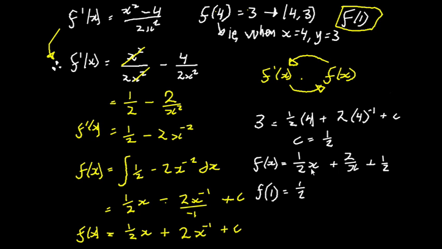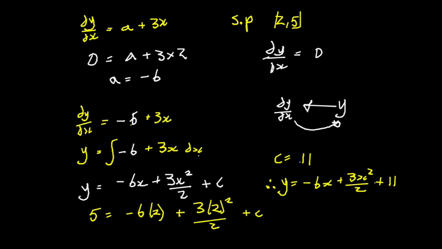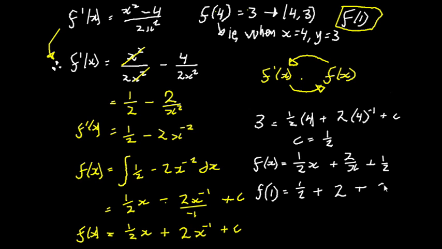So when x is 1, I'll get half plus 2 plus a half, and if we work that out, we get 3. So that's part B of example 3.